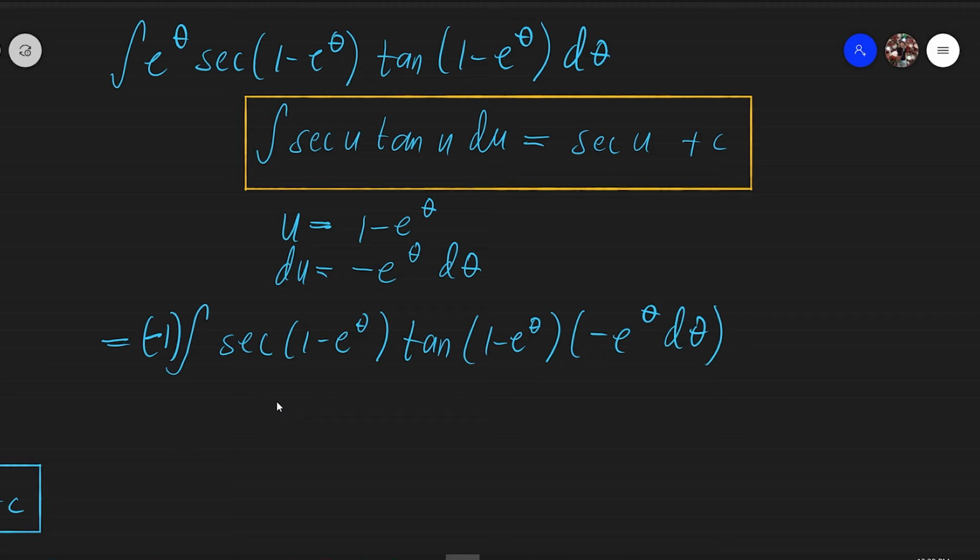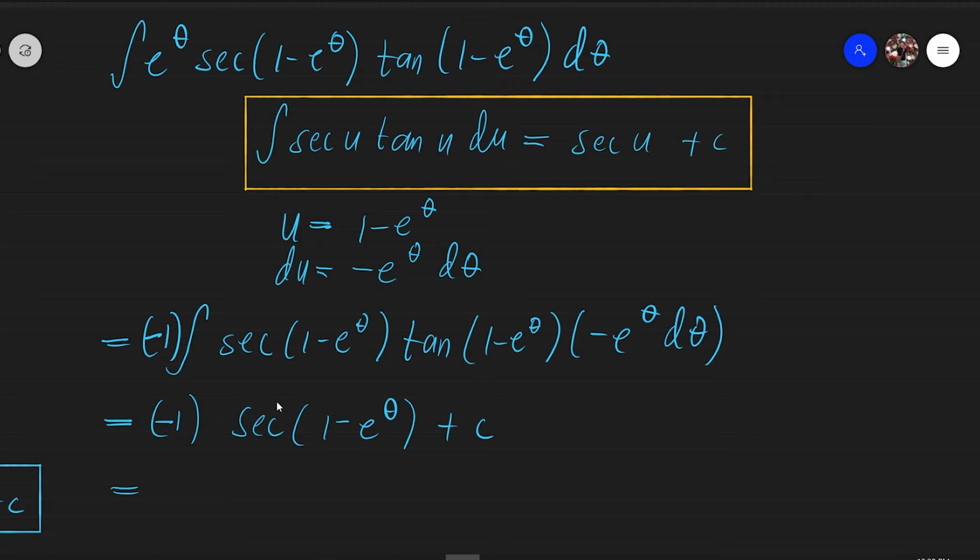So this is equal to, you copy the negative 1 because it's outside of the integral, and apply the right side of the formula, that is secant u, where u is 1 minus e raised to theta, plus of course the arbitrary constant c.